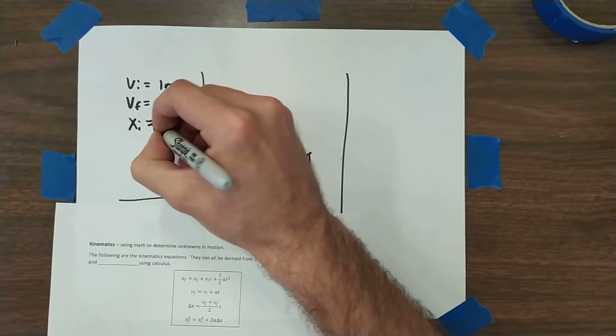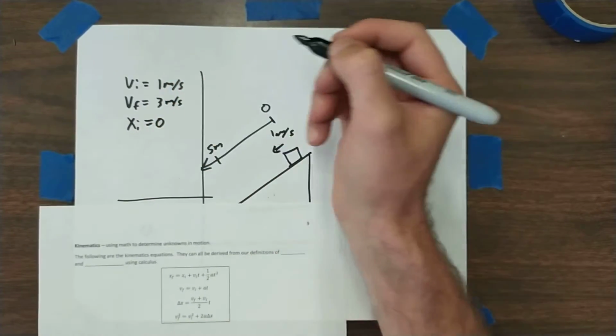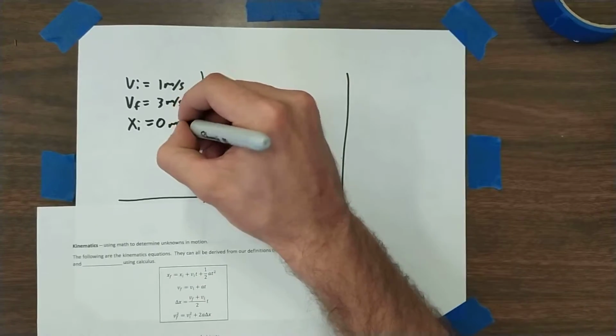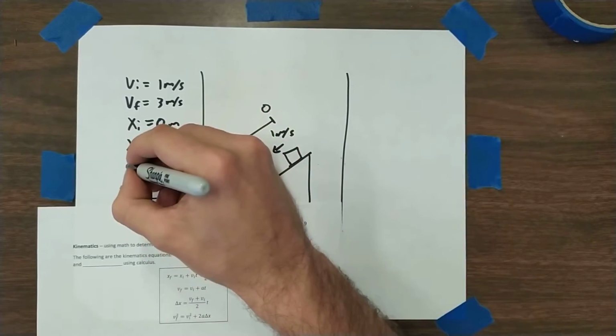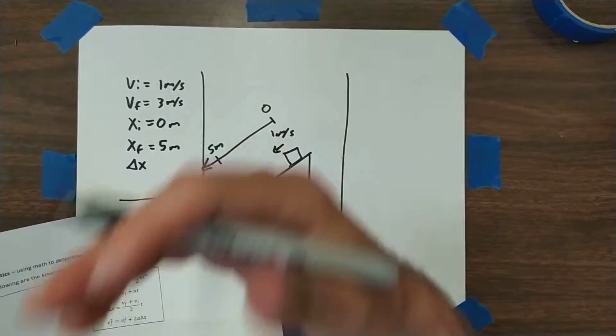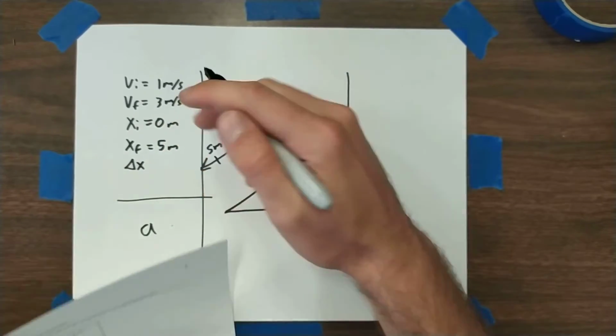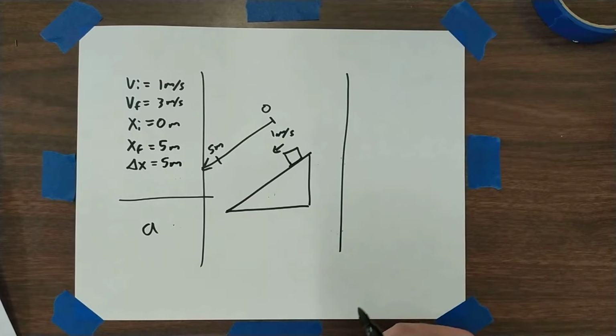So X initial, using my coordinate system that I made, is 0 meters, X final equals 5 meters. That means I can find delta X. Our rule for delta X is just X final minus initial, so I'll do 5 minus 0, so that equals 5 meters. Then what else do I know? Let's see. So I think those are all the things I know.